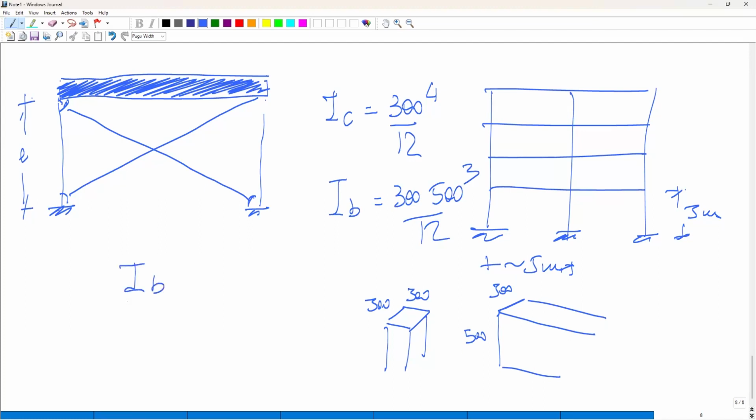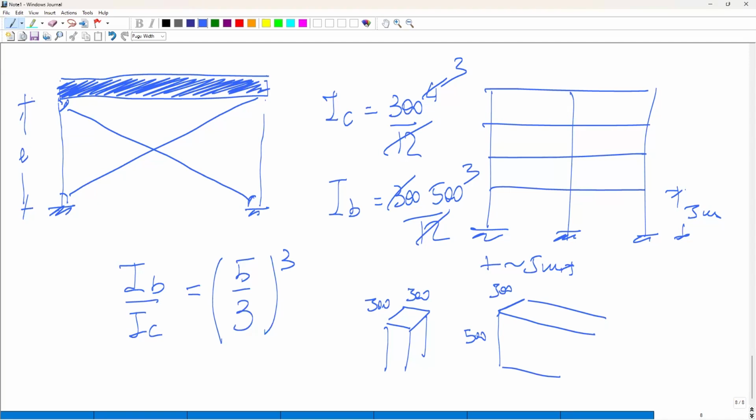So how much stiffer is the beam with respect to the column? Well, if you make the ratio, the 300 and the 300 will disappear. The 12 and the 12 will disappear. So this is in the ratio of 5/3 to the cube.